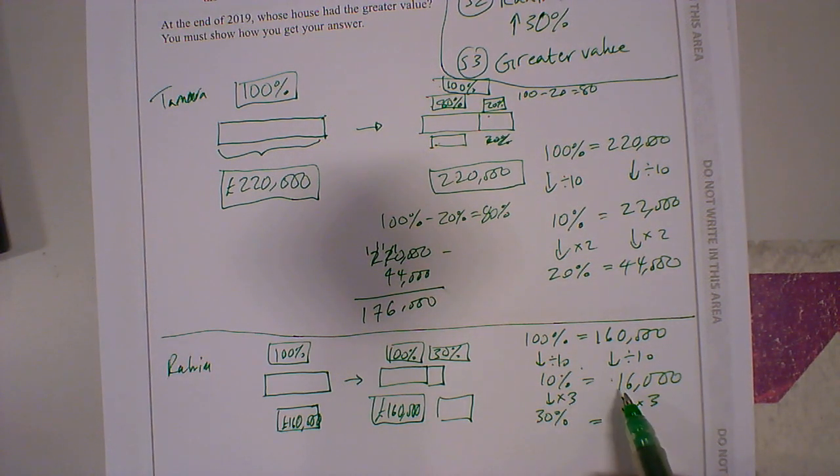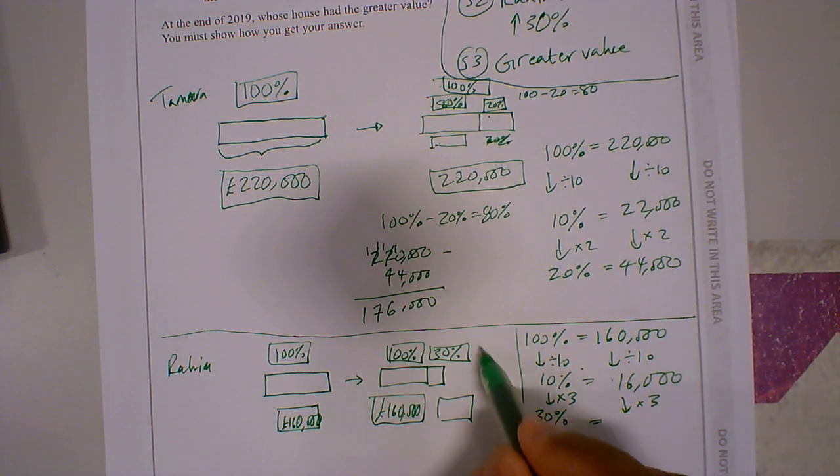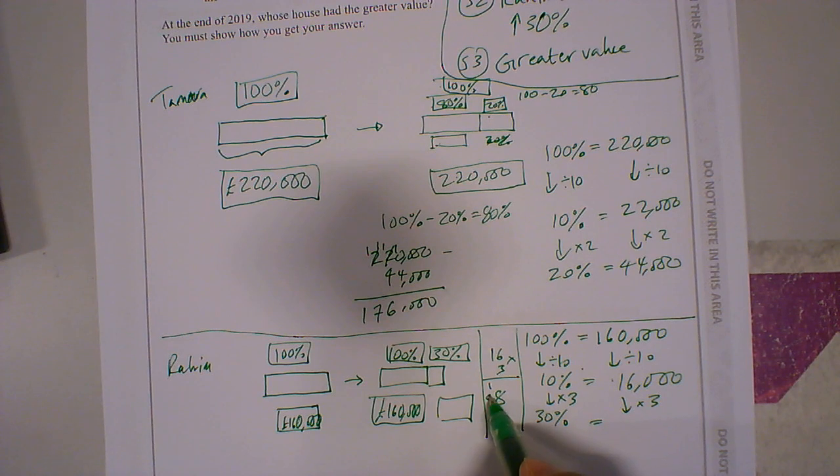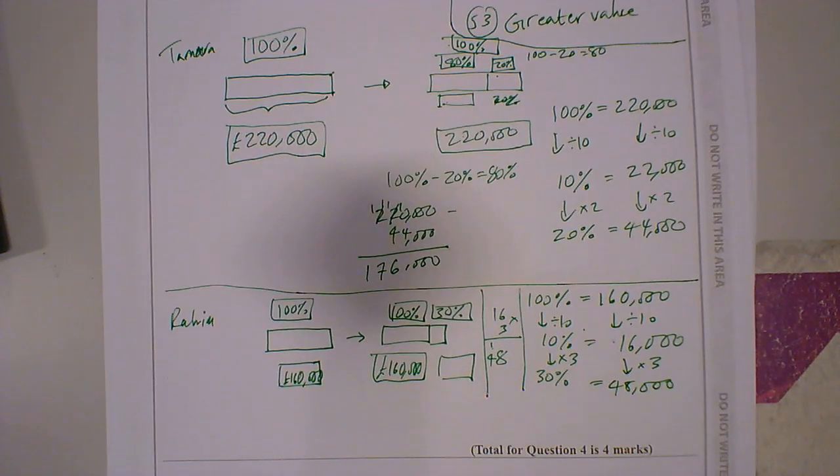So 16 times 3. I'll do that working out on the side here. 6 times 3 is 18. 1 times 3 is 3, and the 1 is 4. So that's 48,000. And now I just need to add these two together.